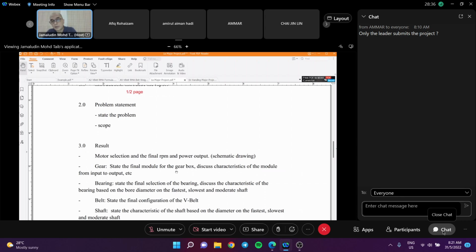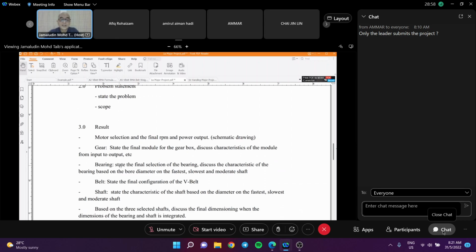As omega gets slower, the torque gets higher, meaning I expect the lower gear to have a higher module, or a lower diametral pitch, because a lower diametral pitch gives a larger tooth.